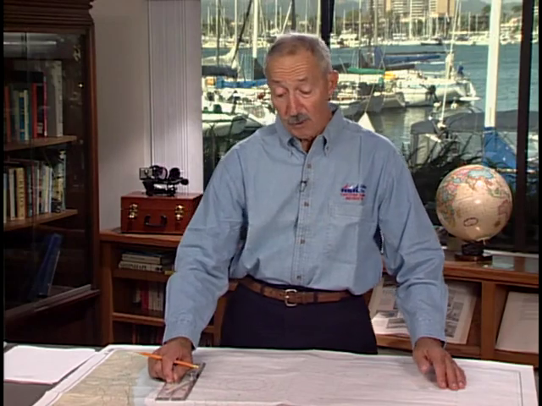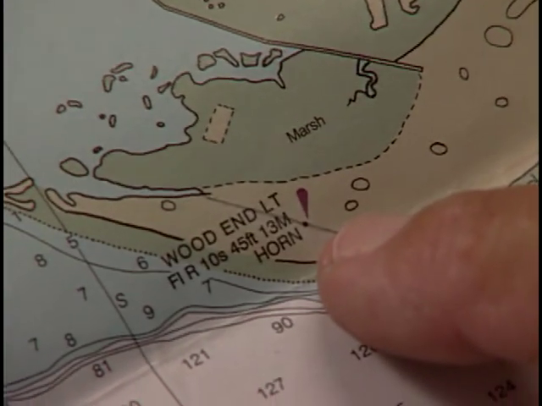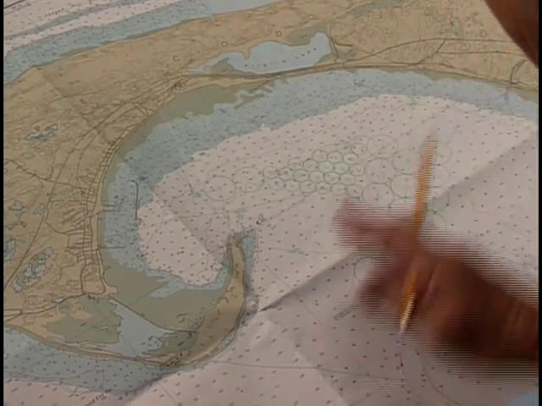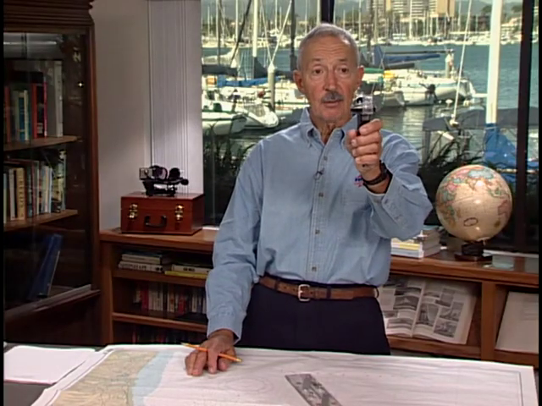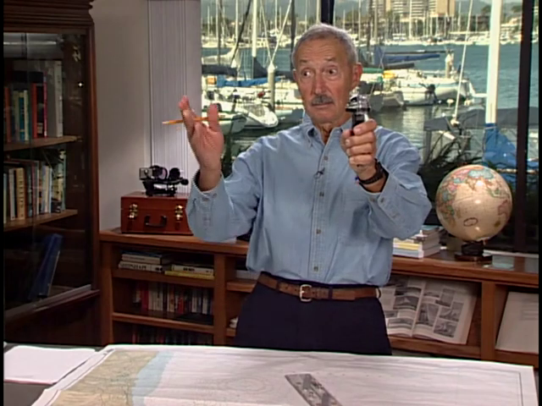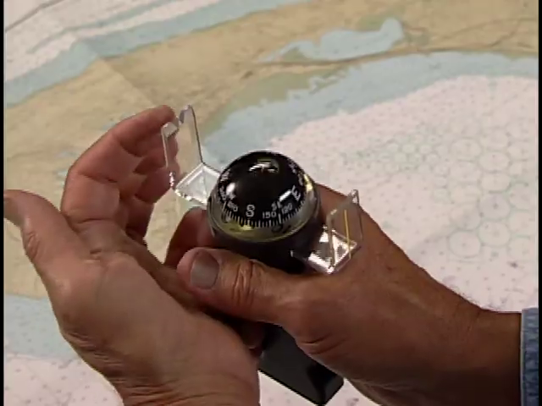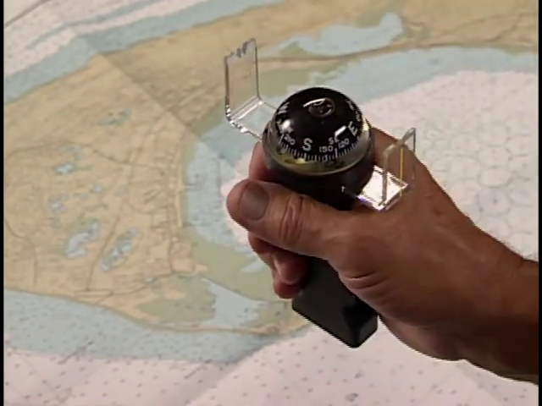The first of them is a bearing to an object. For example, if I take Wood End Light here on this chart, and I'm out here in the water at some location, I take my hand-bearing compass and sight on Wood End Light in the real world, and I find that the light is in a direction of 330 degrees magnetic.